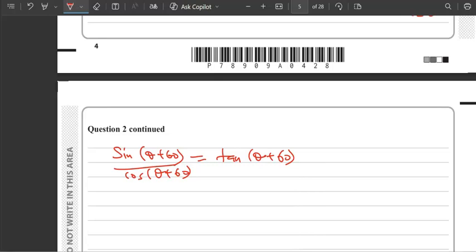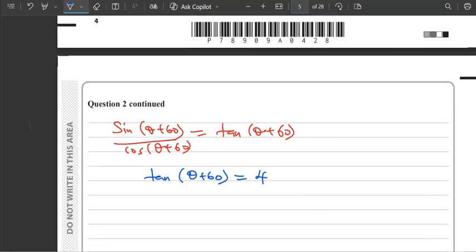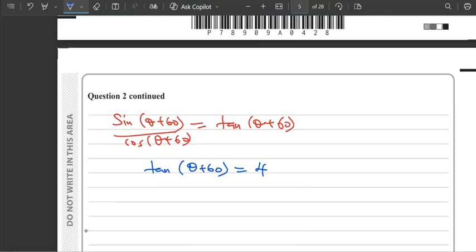Therefore tan of theta plus 60 is simply equal to 4. What do we need to do? We get the arctan, or tan inverse, so that we get the corresponding working angle. So theta plus 60 should equal the arctan of 4.